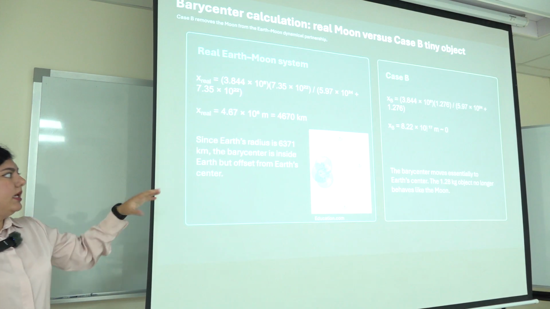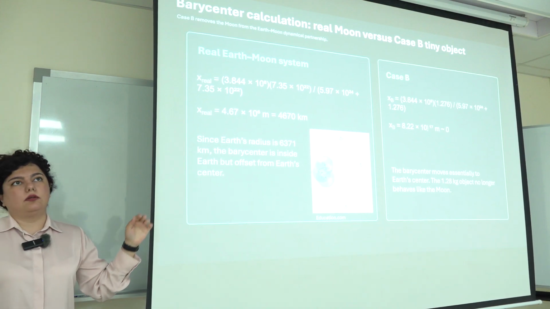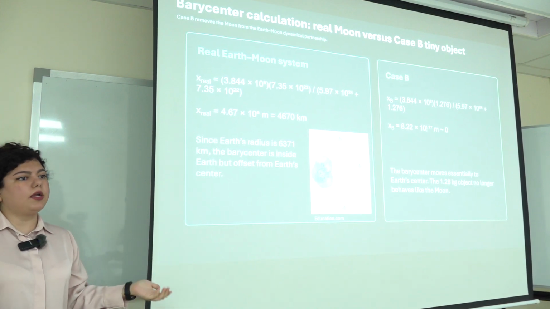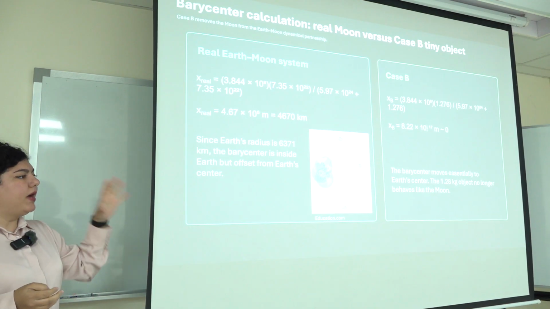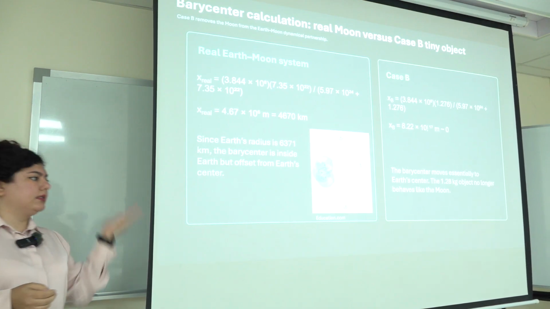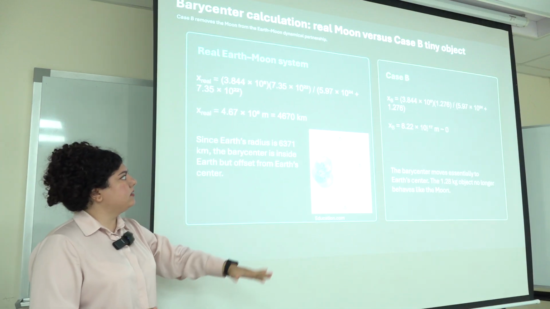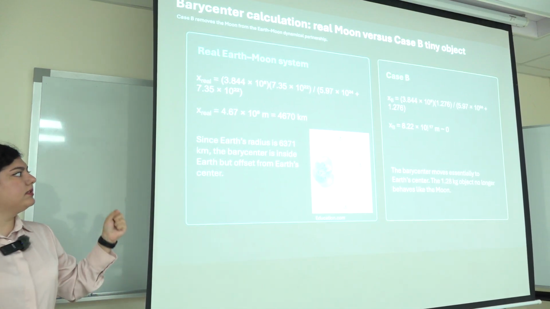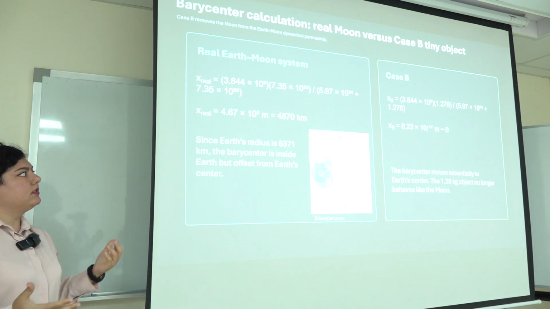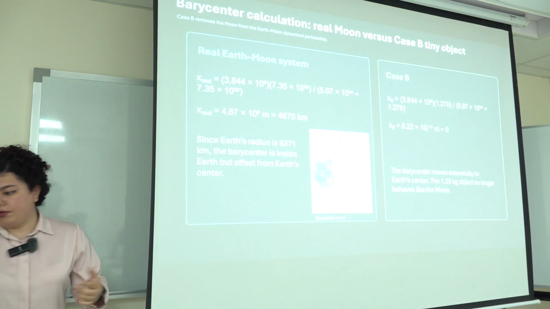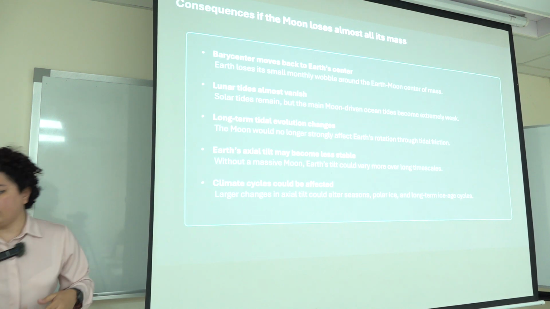But in case B, if the moon loses its entire mass, the barycenter is going to be at the center of the Earth. This has some long-term effects on the system.